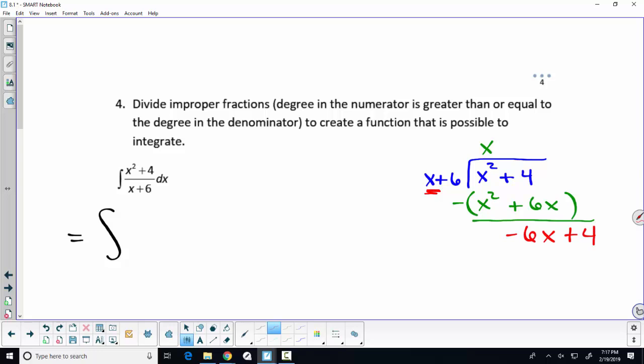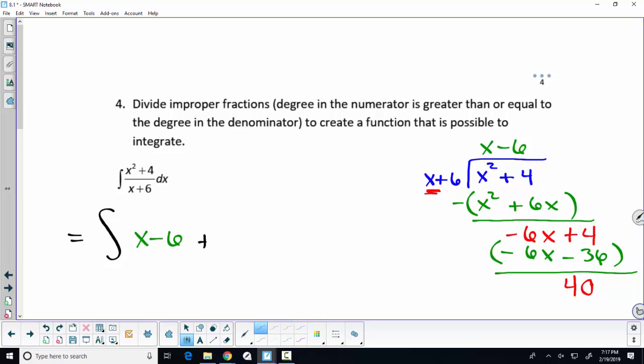Negative 6 times. Multiply negative 6 by x, negative 6x. Negative 6 times 6, negative 36. Subtract off the quantity. We have 0, and 4 plus 36, which is 40. So your result is x minus 6, remainder 40.